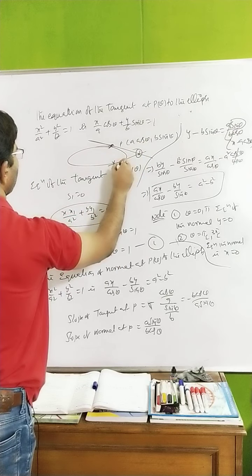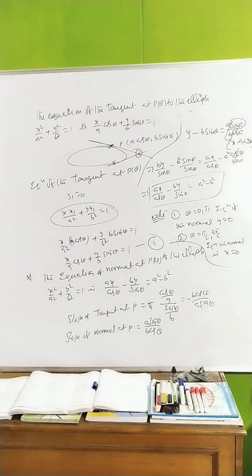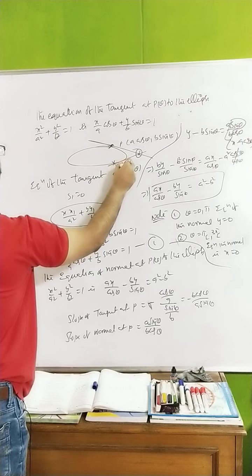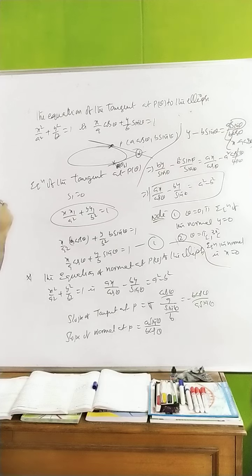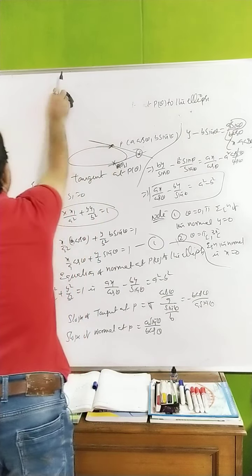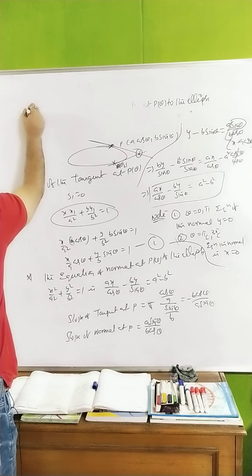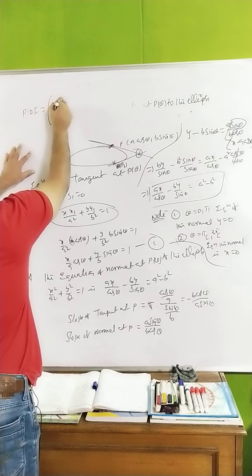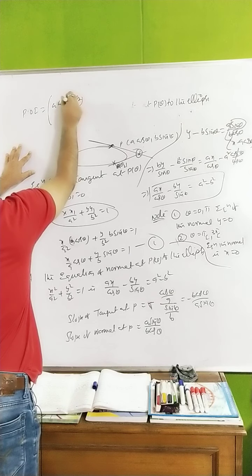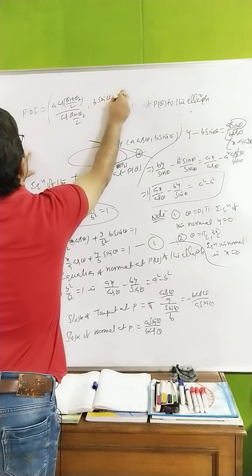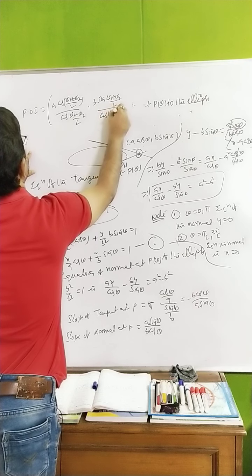Theta 1, theta 2, suppose this is P of theta 1 and this is Q of theta 2, then the point of intersection can be written as a cos of (theta 1 plus theta 2) by 2 divided by cos (theta 1 minus theta 2) by 2, b sin (theta 1 plus theta 2) by 2 divided by cos (theta 1 minus theta 2) by 2.